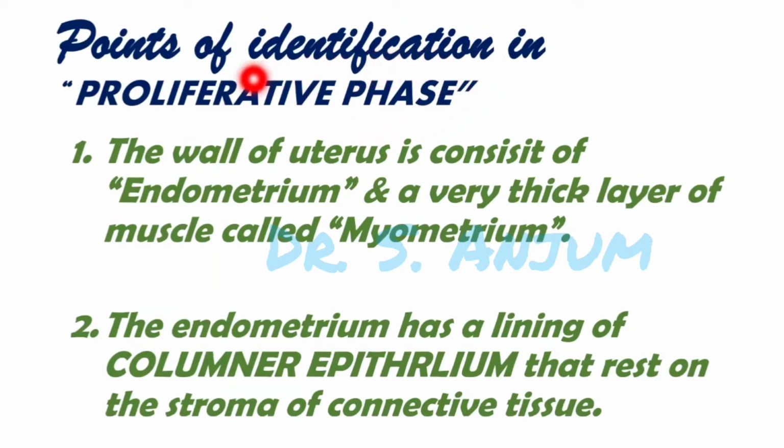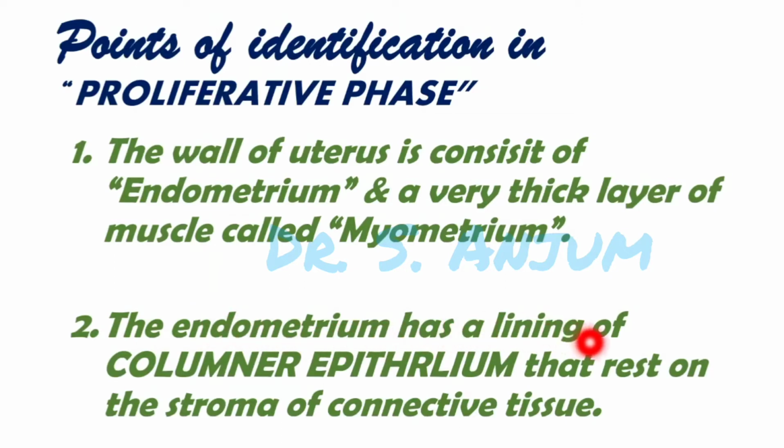What you will get in the histology slide. The first point of identification is that the wall of the uterus consists of endometrium and a very thick layer of muscle called myometrium. The thickness of the muscle layer helps in identifying the slide easily.